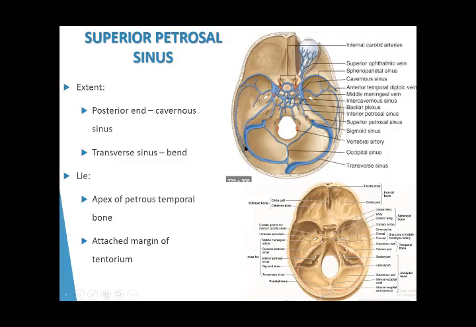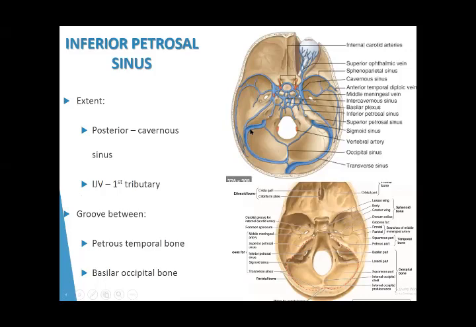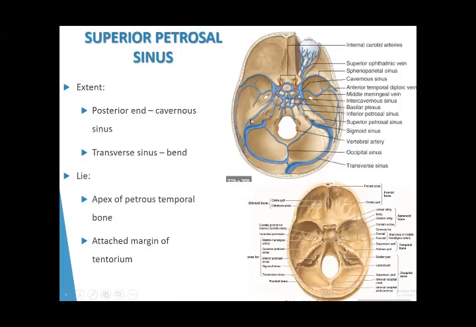ये transverse sinus था, and I told you, posterior end of the apex of petrous temporal bone, the transverse sinus bends down and continues as the sigmoid sinus. ये sigmoid sinus.